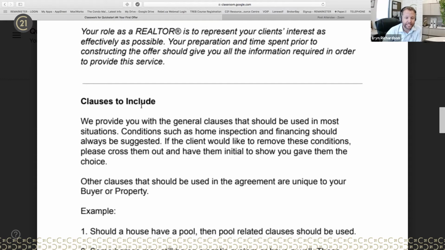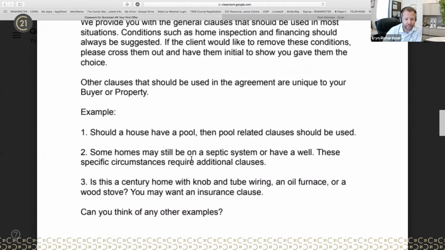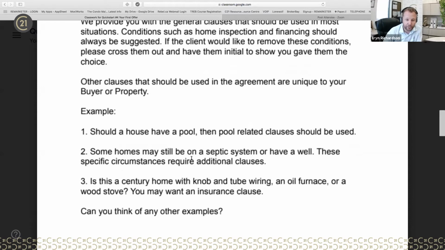But when you're talking about the clauses to include, we provide the typical ones. Other clauses in the agreement that you should consider, and here are some examples: should a house have a pool, we'll need a pool-related clause, right? Some guarantees that certain things will be working, maybe that it'll be winterized, or a little bit of a representation of warranty should it already be winterized.